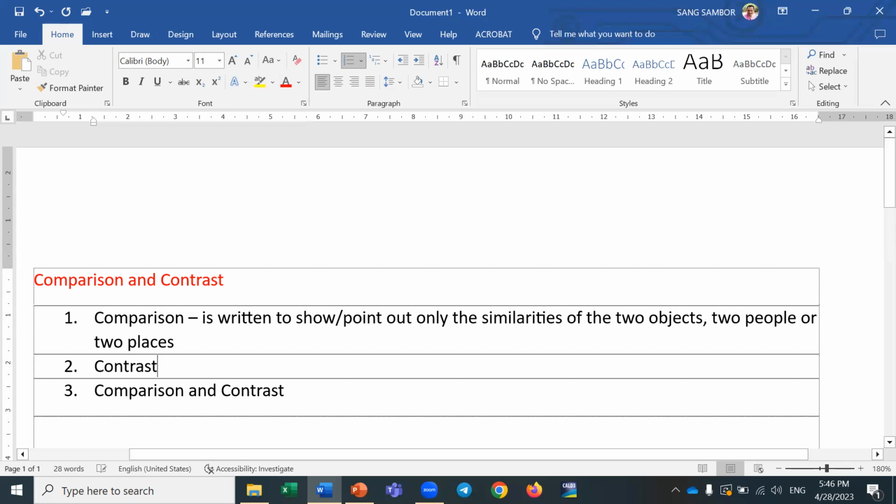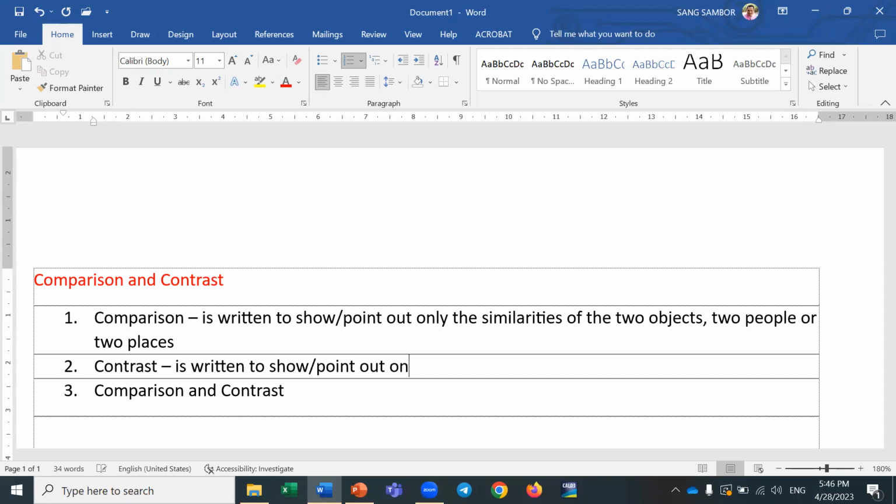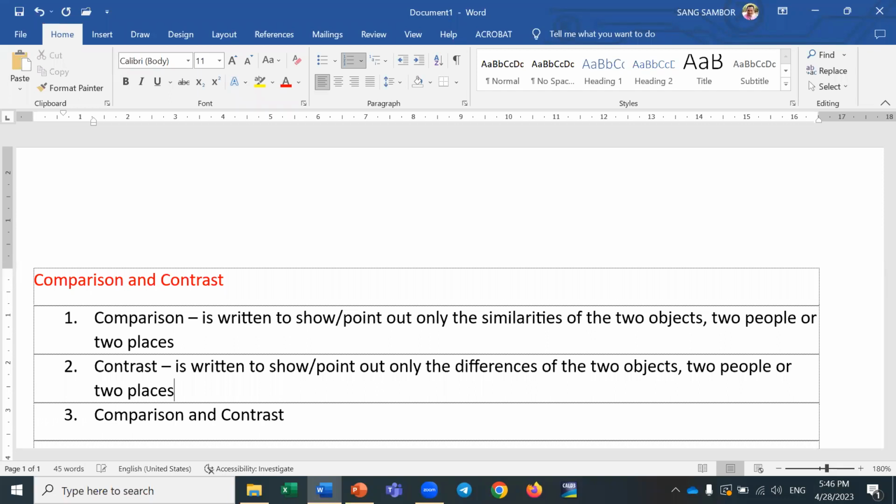But when you are writing the contrast, it is the contrast only. The contrast is written to show, or you can also use another term, point out, only the differences of the two objects, two people, or two places.